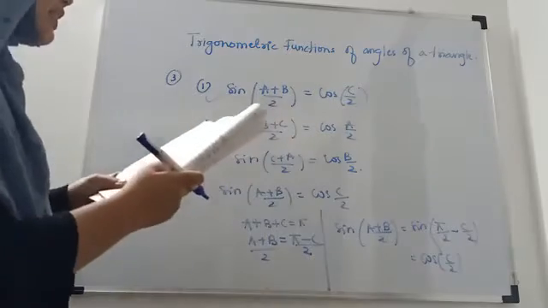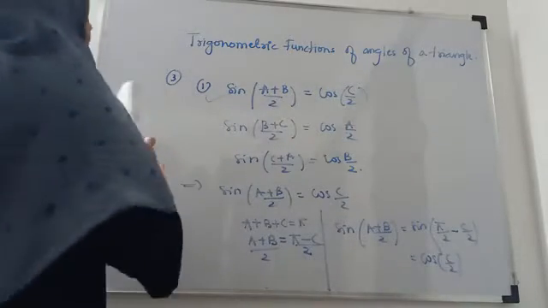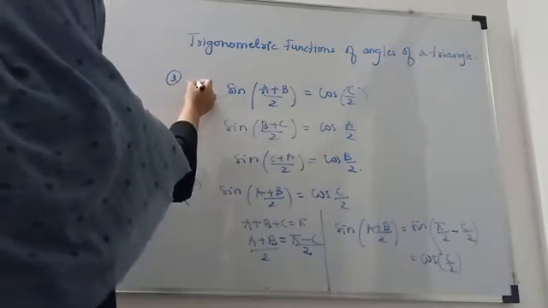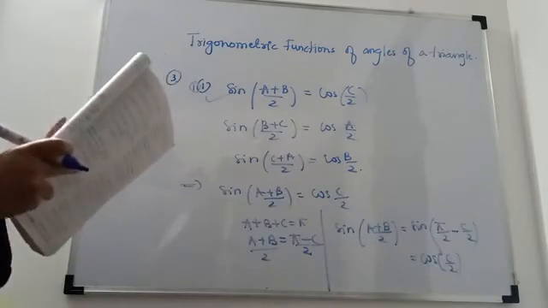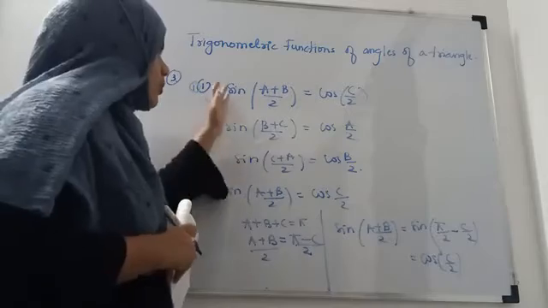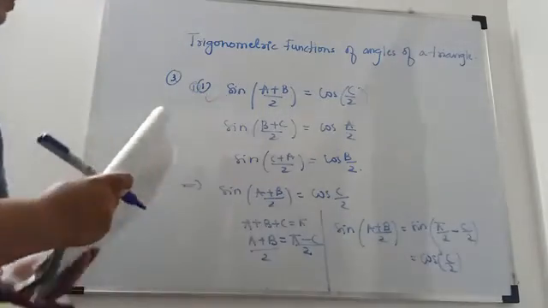Now we'll see the next proof. This is the third result's sub-formula. Now we'll take the other one, that is for the cosine. These three formulas were for the sine. Now the next ones are for the cosine.